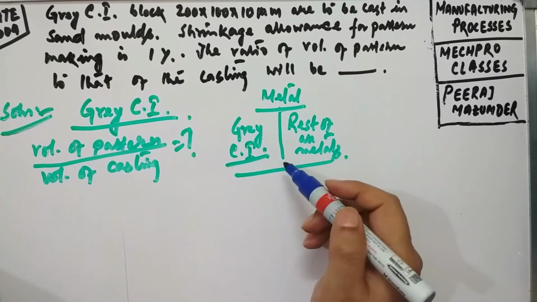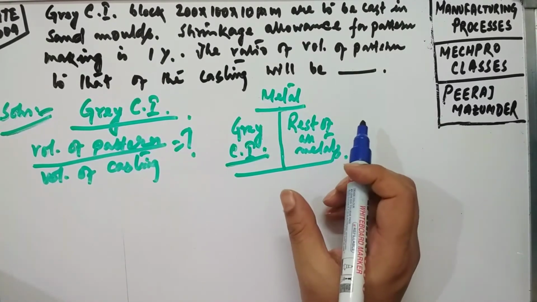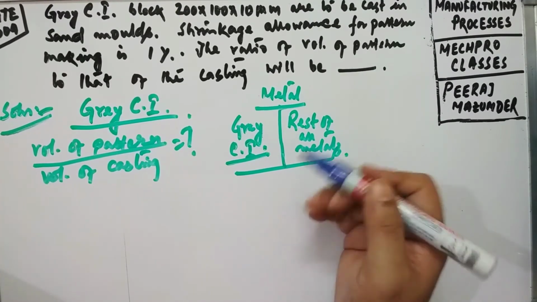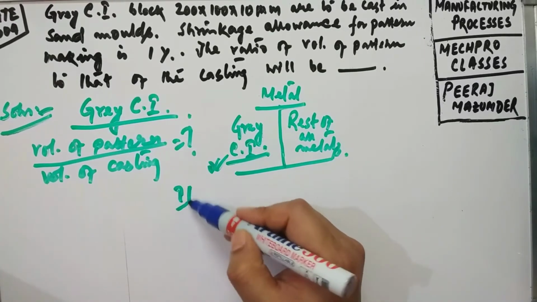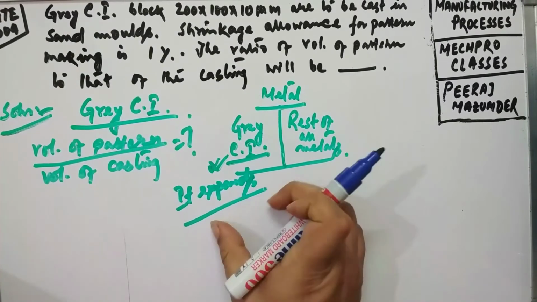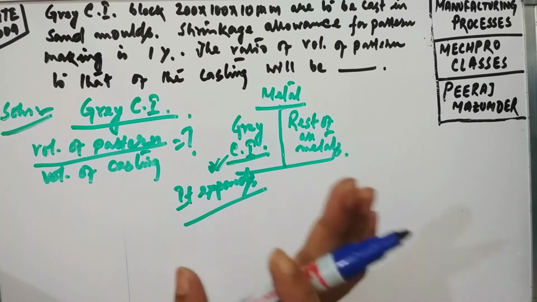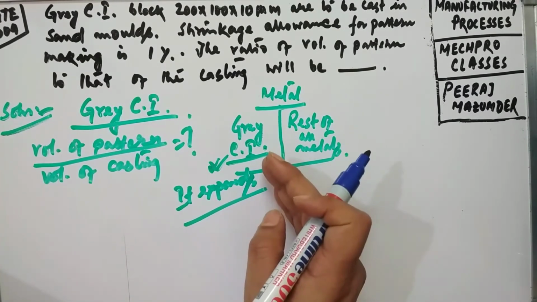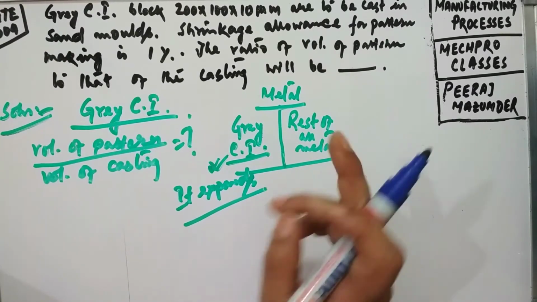Now what happens for all the metals when it solidifies from liquid state to solid state? It shrinks in volume. But for grey cast iron, it expands. That is the difference. That only you have to keep in mind in order to solve this type of problems. You must keep in mind that grey cast iron expands, or volume increases after solidification.